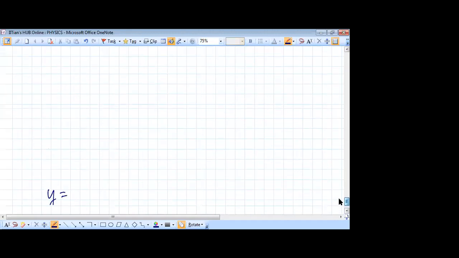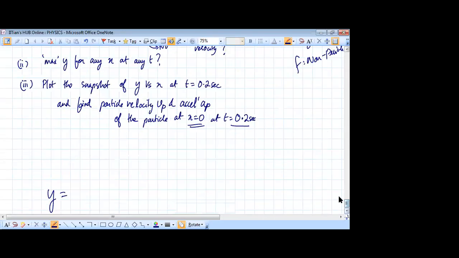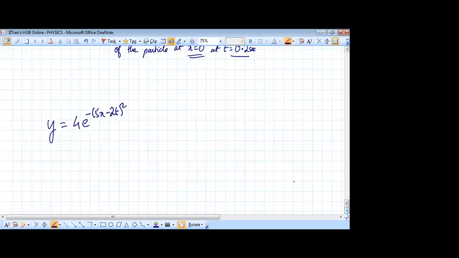So from all this information, we can again see that y being 4 into e raised power minus of 5x minus 2t whole square, you can see that y's maximum value is equal to 4.